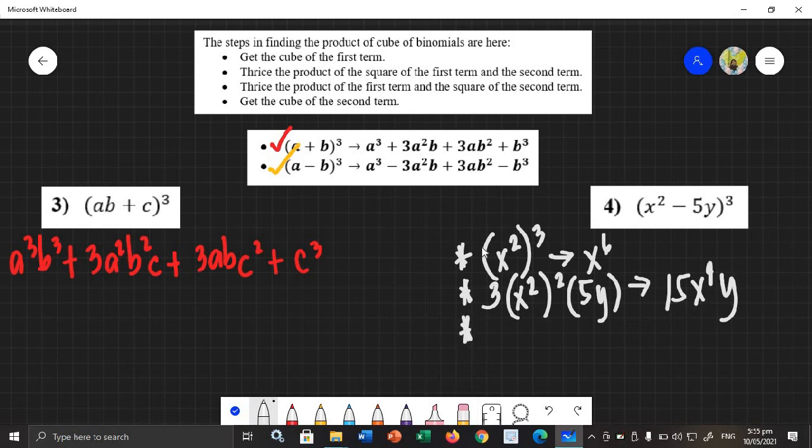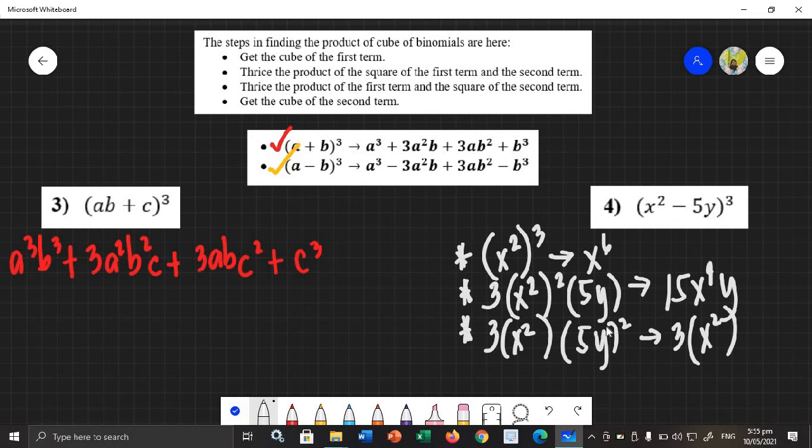And then the third step, we have thrice the product of the first term and the square of the second term. The second term is 5y, so we will square it. So let us simplify first 5y squared. We have 3 times x squared. And then distribute the exponent 2 to each term.